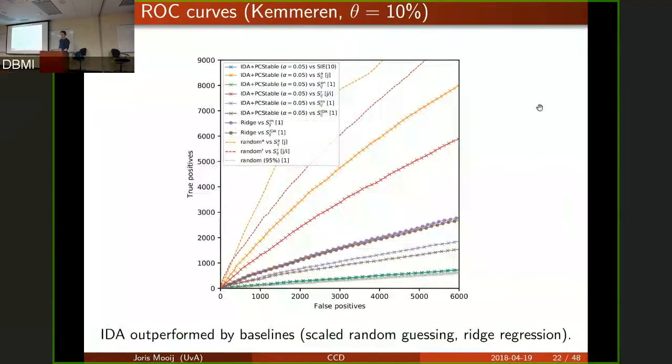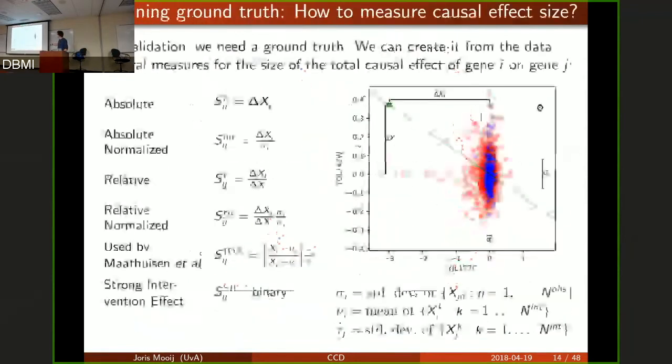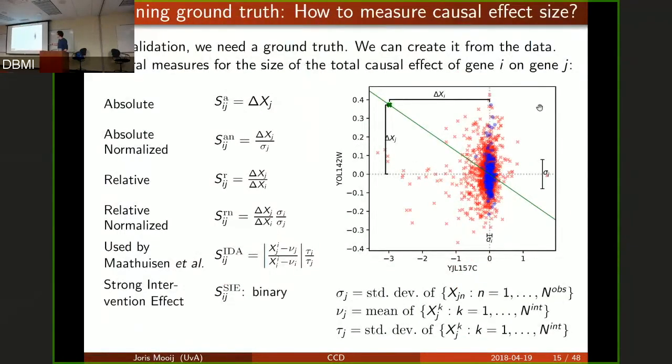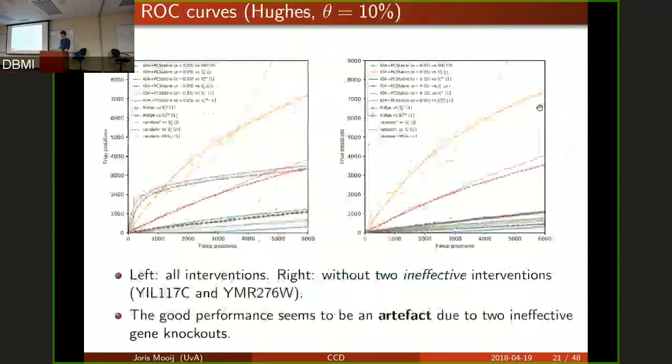Probably the artifact arises because delta xi is very small for these ineffective knockouts, because the self effect is small, so we are blowing up anything by this small denominator. Yes, questions? The total effects, yes. So it seems to be really an artifact here.